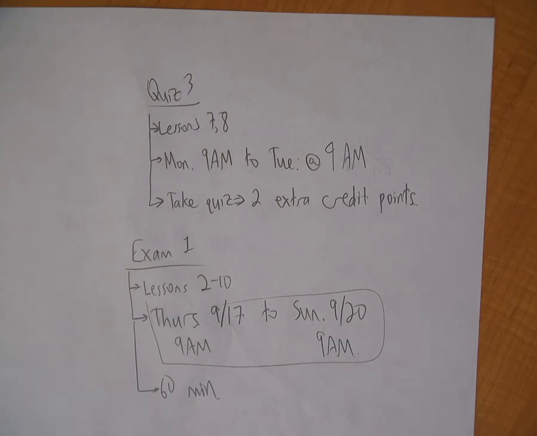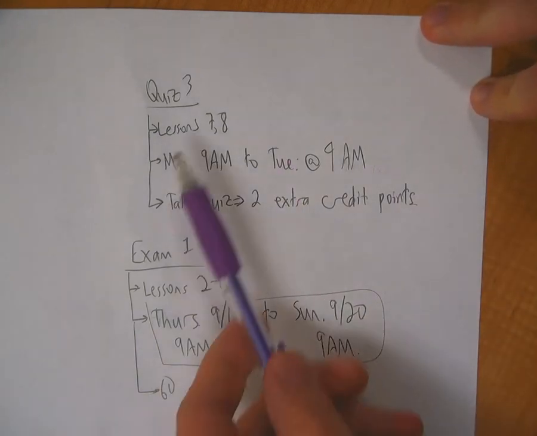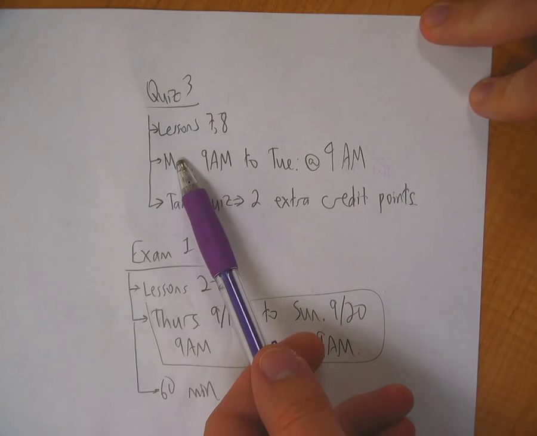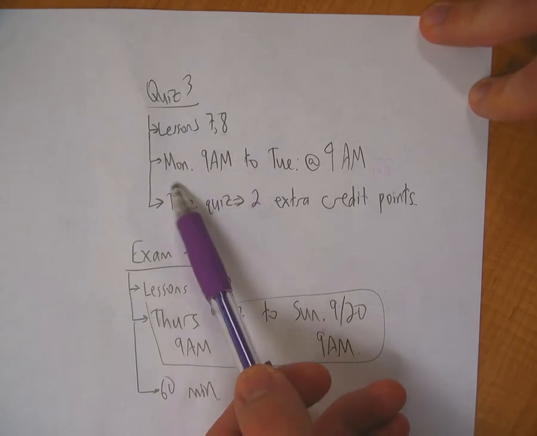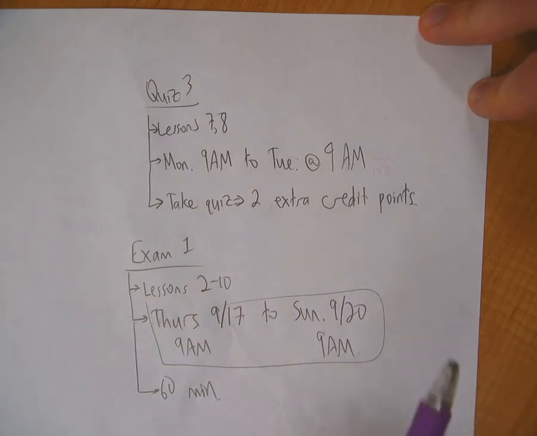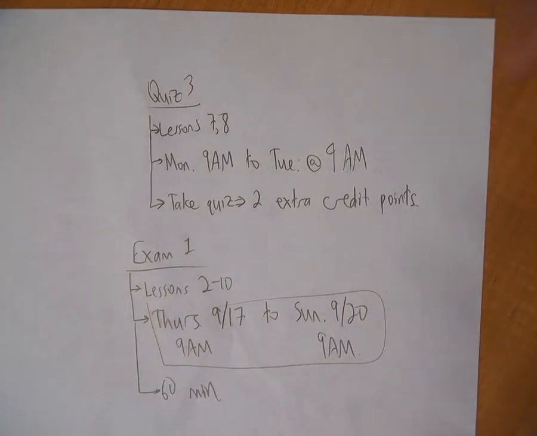Okay. Alright. So, just a few quick announcements. Quiz 3 covers lessons 7 and 8, and your window is going to be from Monday at 9 a.m. to Tuesday at 9 a.m. of next week. And because I haven't really had a chance to think about a good extra credit opportunity, I'm just going to pull a semi-lazy route and say, as long as you take quiz 2, then you get 2 extra credit points.